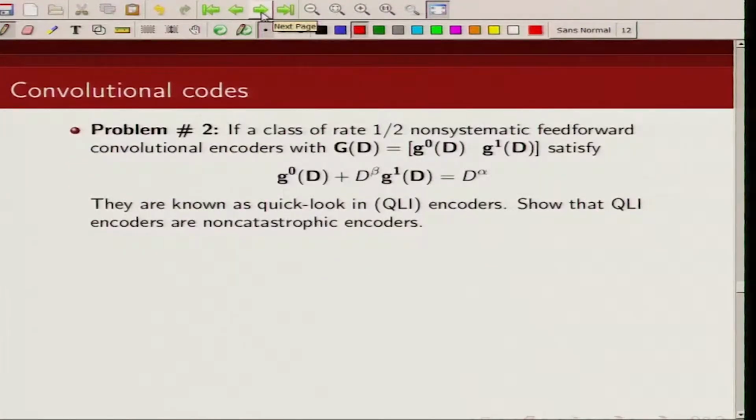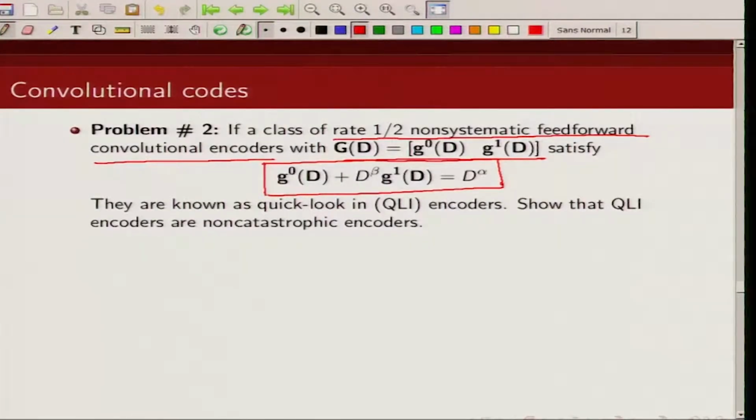Next, we look at a class of rate 1/2 non-systematic encoders. So, we are looking at rate 1/2 non-systematic feed forward encoders, whose generator matrix is given by this, and these generators G0D and G1D satisfy this property.